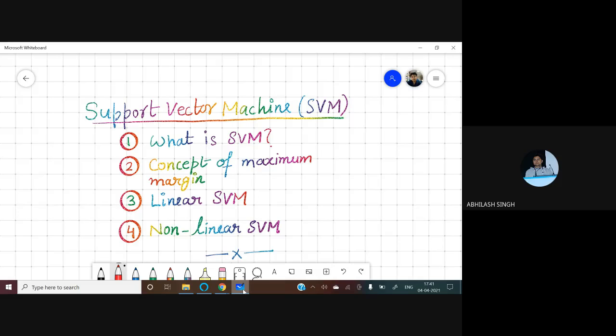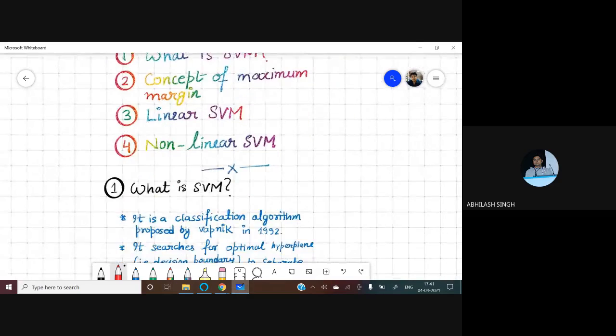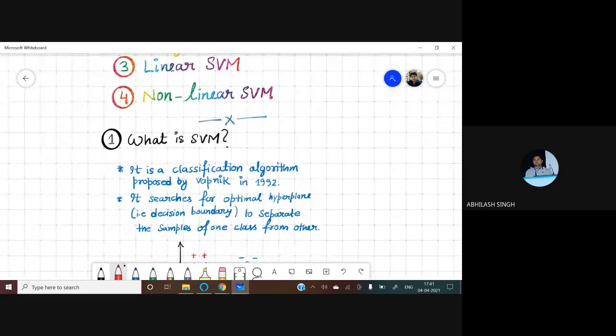So let us start with a discussion. What is a support vector machine? It is a classification algorithm that received a considerable amount of attention back in 1992, when a paper was published by Vapnik relating to statistical learning theory.